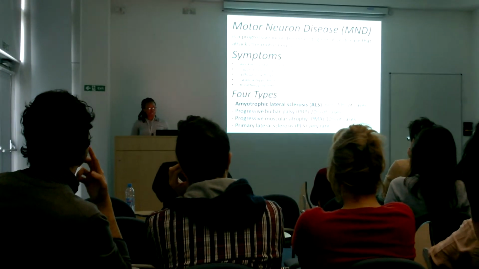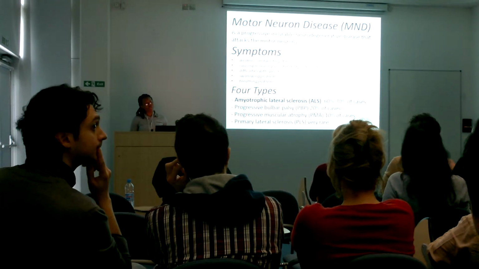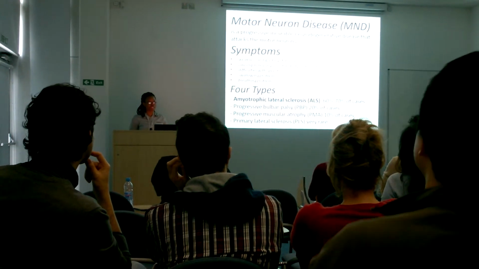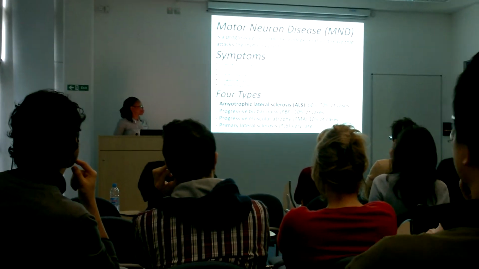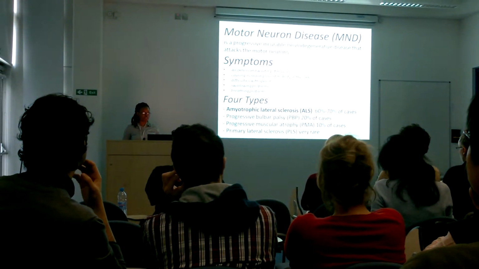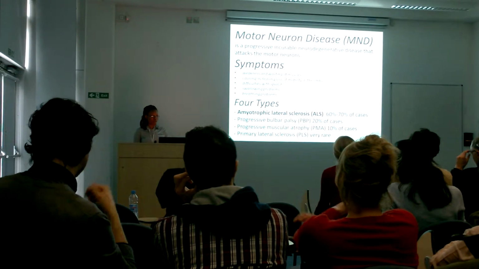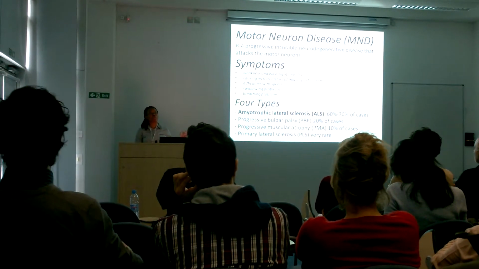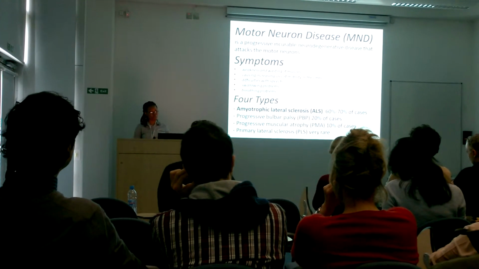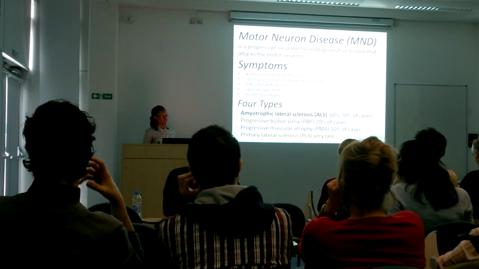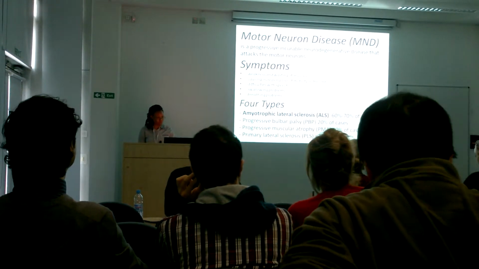Because of the mixed audience, I'd like to start with defining what motor neuron disease is. It is a progressive, incurable neurodegenerative disease that attacks the motor neurons. Patients have symptoms like weakness and wasting of muscles, loss of speech, swallowing problems, and breathing problems.